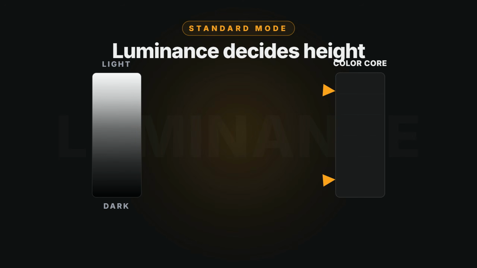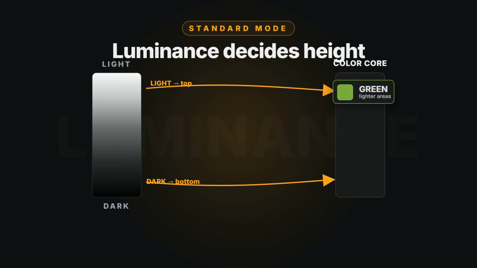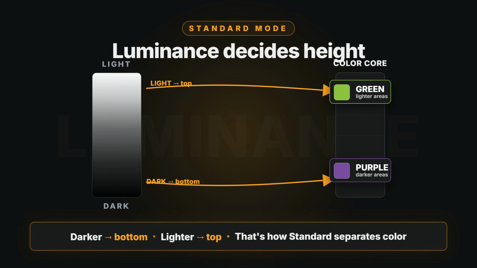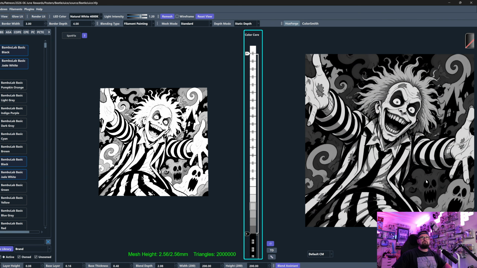That's right. So the darker areas are going to live closer to the bottom of our color core, and the lighter areas are going to live closer to the top of our color core. So if the purple is darker and the green is lighter, theoretically, we should be able to get some good color differentiation inside of standard mode.